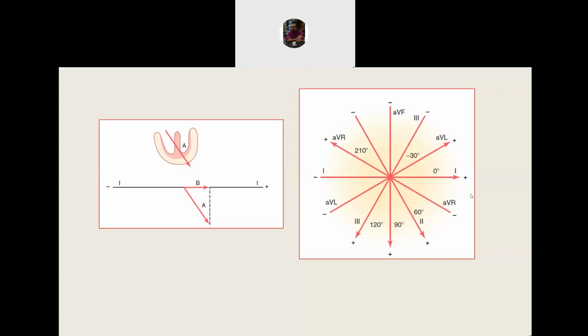As you can see, each of them has an angular disposition. For example, lead 1 is at 0 degree. Lead AVF is at 90 degree. We always measure the angle from the positive end of the lead. AVL is at minus 30 degree. Lead 2 is at 60 degree. Likewise, various leads look at the heart in the vertical plane from various angles, and these angles help us understand what is going on inside the heart, as we shall see later.